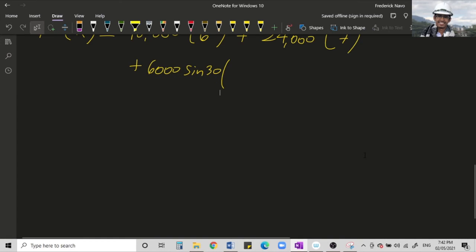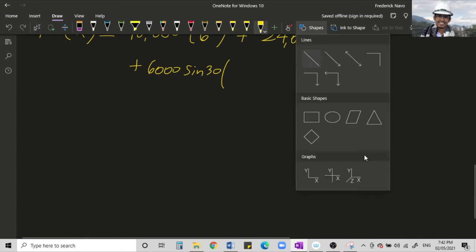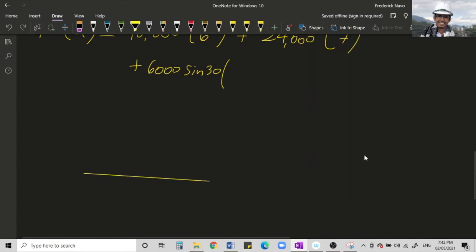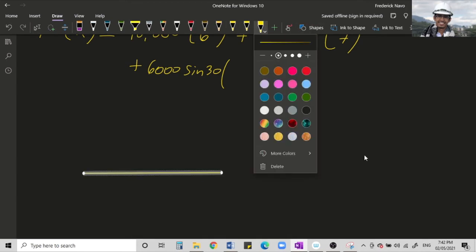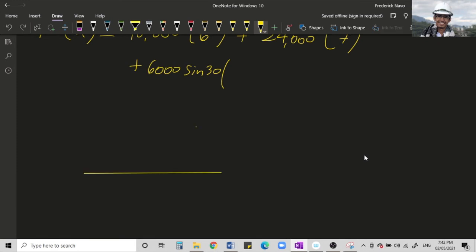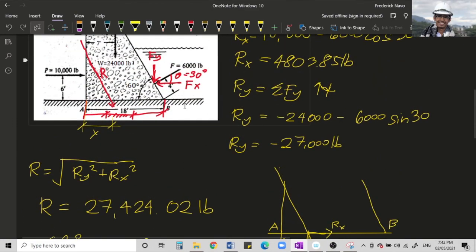So, if this is our dam again, okay. Okay, so ito yung dam natin. And ito yung force F natin. So, meron siyang Fy and Fx dito. So, yung distance nito is 4 feet. And may angle tayo dito na 60 degrees. Tama? Yung angle natin down, 60 degrees.